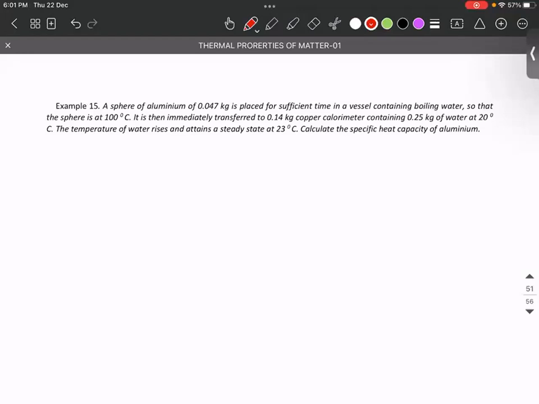So listen, there is a sphere which is made of aluminum and its mass is 0.047 kilogram. It is placed for sufficient time in a vessel containing boiling water. So obviously what will happen to it? This aluminum will get heated.